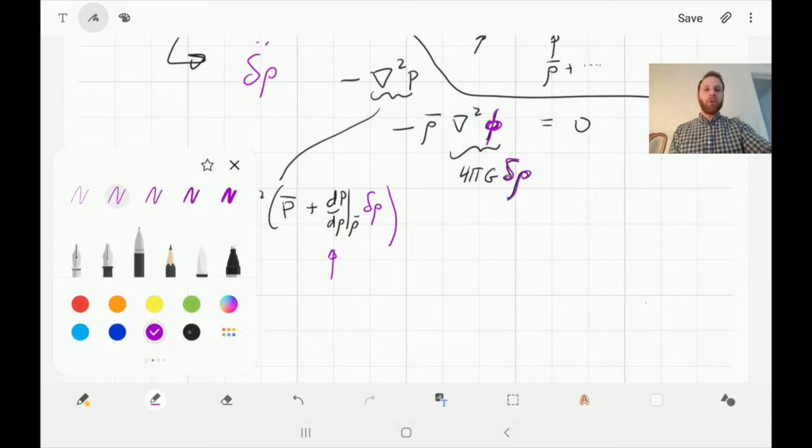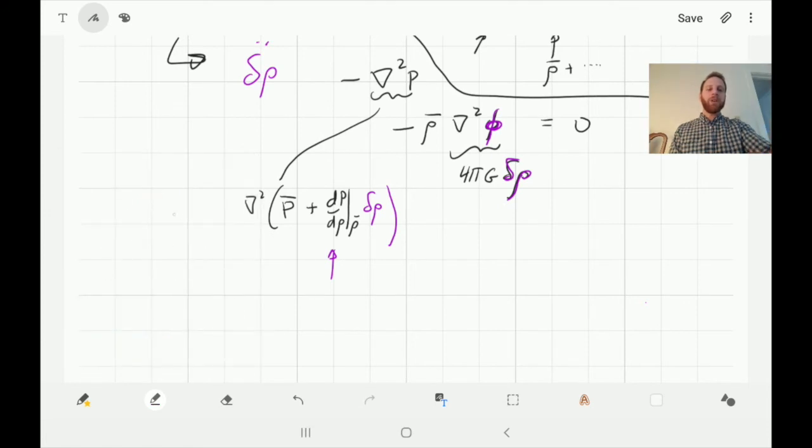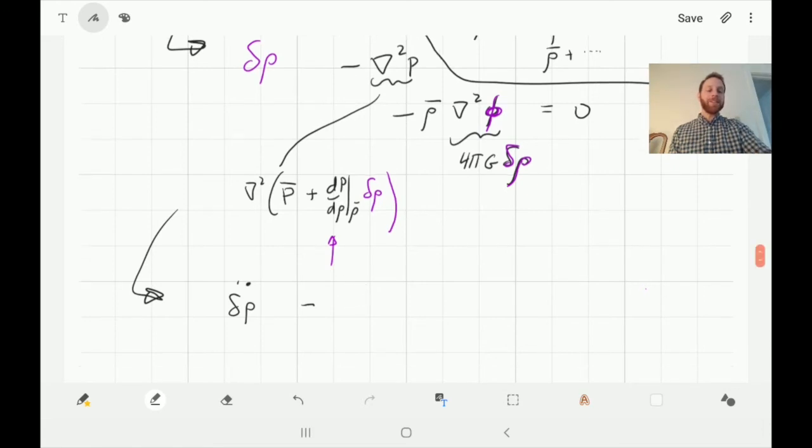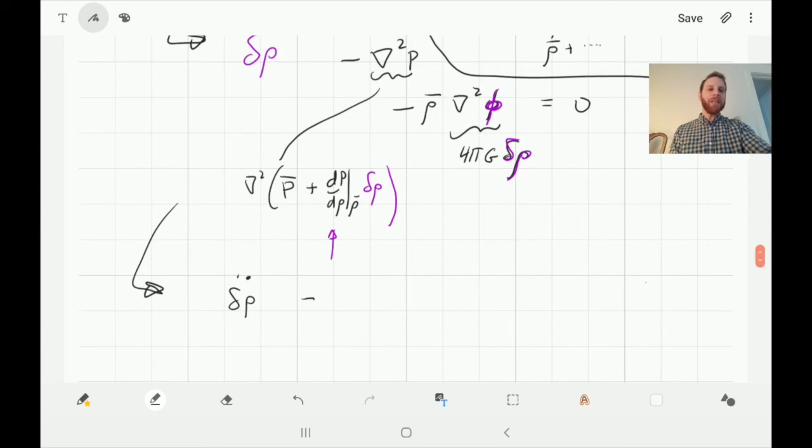And so what that means is that we're almost at the punchline. We're almost at this pressure wave equation with an extra special term. Delta rho double dot, minus, and this term comes out front, dp by d rho. In fact, I'm just going to go ahead and tell you the surprise. This is identified as the sound speed squared.